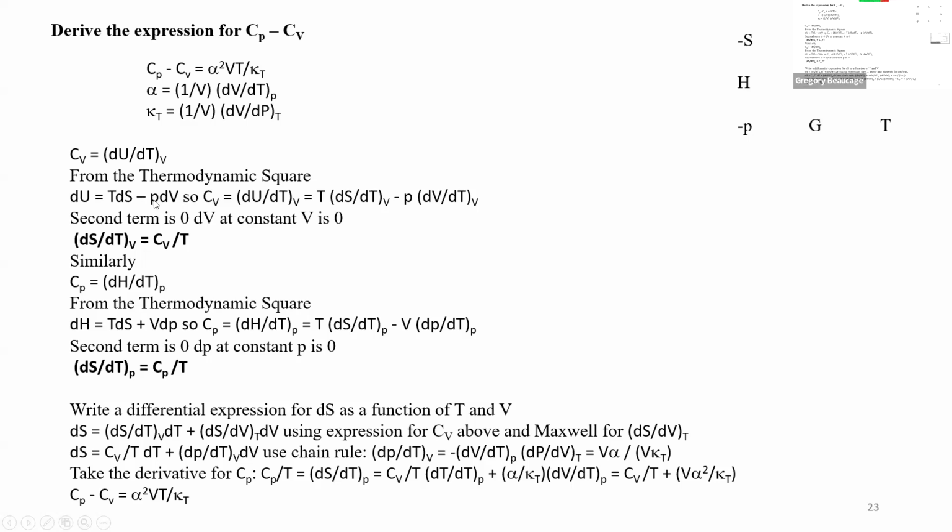Then if you say constant volume, the second term drops out, and you're going to have Cv as dU/dT, which is just going to be TdS. So T times dS/dT at constant V. It's the same thing. The heat capacity is the change in entropy with temperature times the temperature. So that's the second definition of the heat capacity.